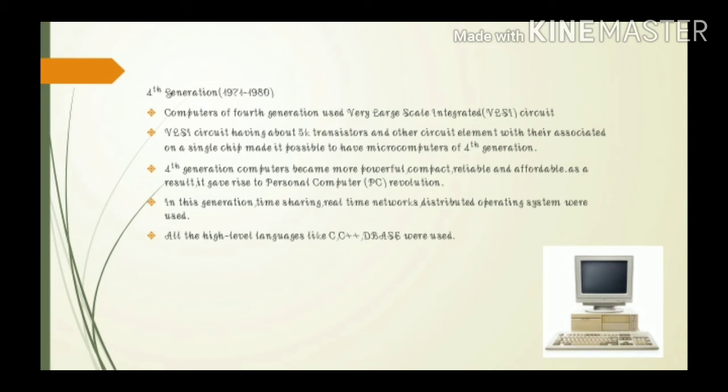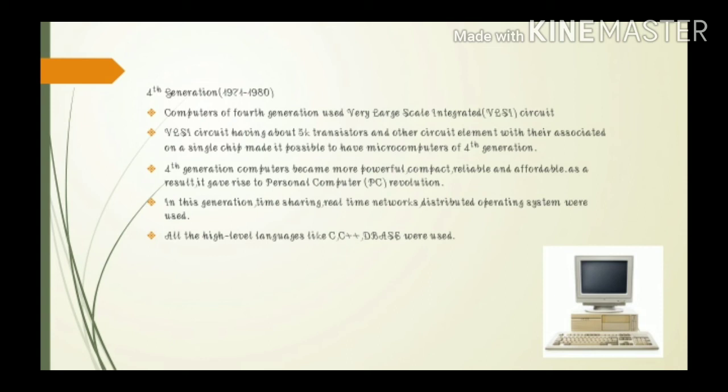So the first thing is the 4th generation. Computers of the 4th generation use very large scale integrated circuits. A VLSI circuit having about 5k transistors and other circuit elements with their associated circuits on a single chip made it possible to have microcomputers of the 4th generation. 4th generation computers became more powerful, compact, reliable and affordable.